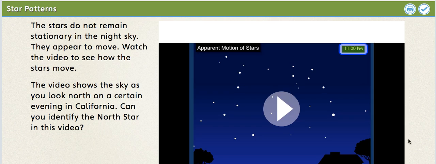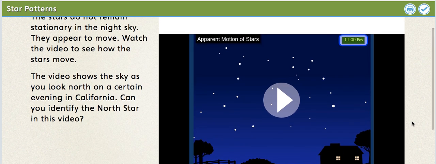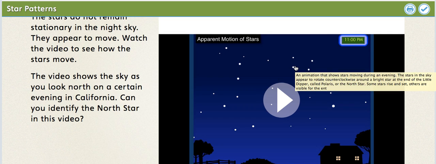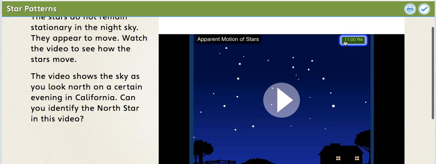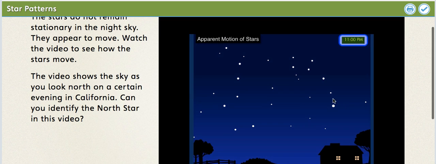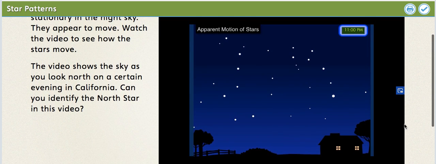Okay, the stars do not remain stationary in the night sky. They appear to move. Let's watch this video to see how the stars move. While watching this short video, I want you to pay attention to the clock here. So this is at 11 p.m. This is the Big Dipper.